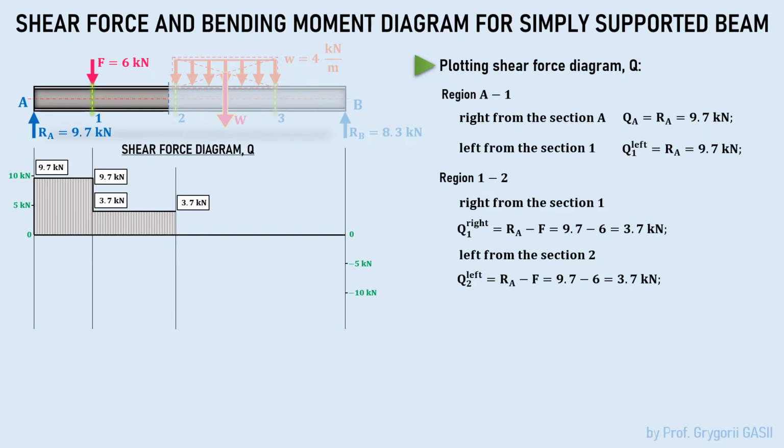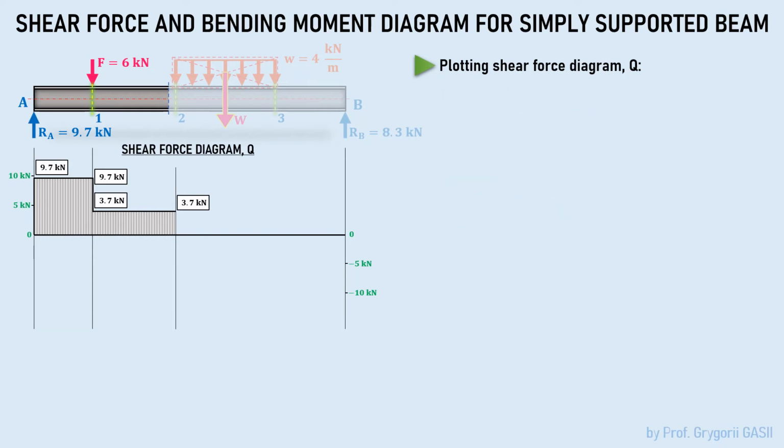Next, consider the region between section 2 and 3. Note that a uniformly distributed load is applied along this region, and as we previously determined, the resultant force of the uniformly distributed load is applied in the middle of this region. In addition, we know that the resultant force of the uniformly distributed load is calculated as the product of the load magnitude and the length of the load.